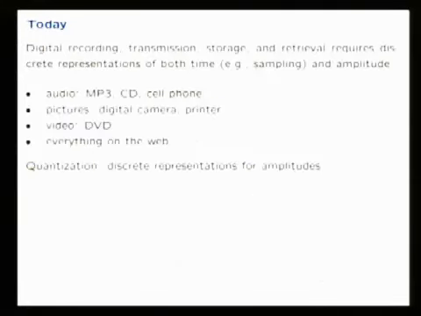What I want to do today is think about some other issues that come up when you try to represent a continuous signal in a discrete domain. So in addition to thinking about discretizing time, we also have to think about discretizing amplitude, because if we want to represent a signal by bits, we have to represent not only the time, but also the amplitude in bits. I'll talk about several different kinds of schemes for that.